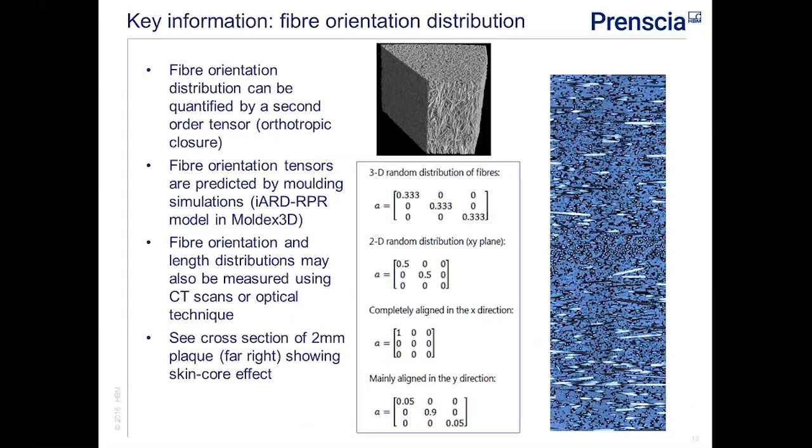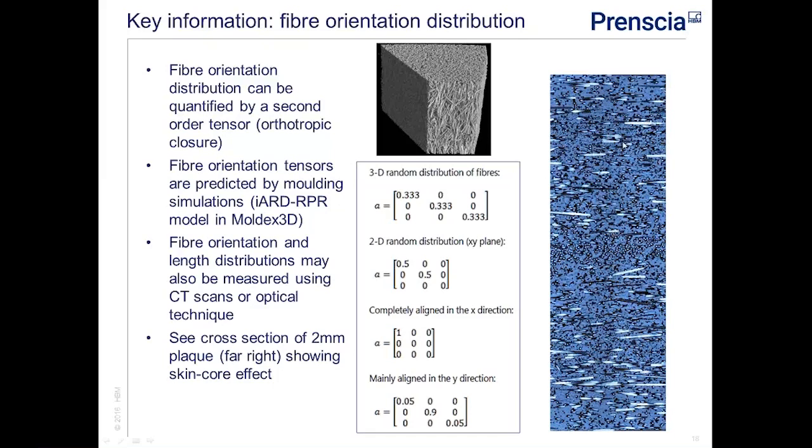So in some of the work that follows, I'm going to show you some measured orientation tensors which have been measured using an optical technique by Professor Baird's team at Virginia Tech. If you look at the picture on the right, it's a cross-section through one of our 2mm test plaques, and you can see that each fibre creates a shape where it's cut through by the section.